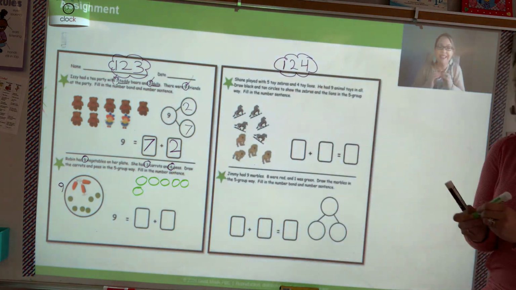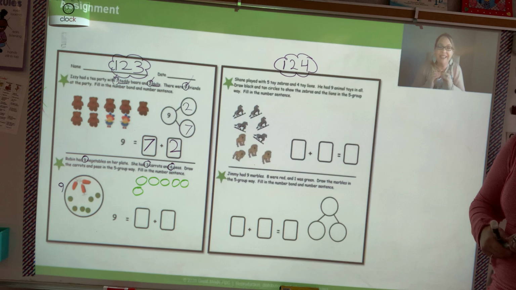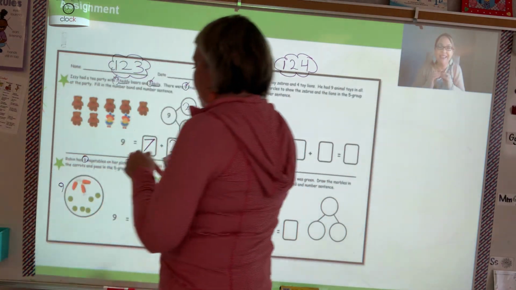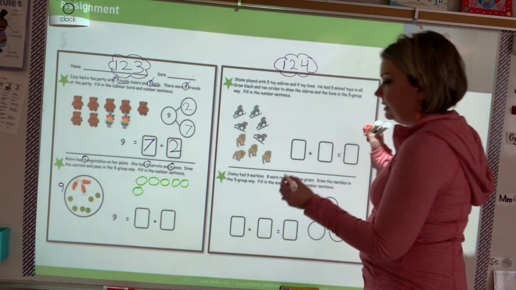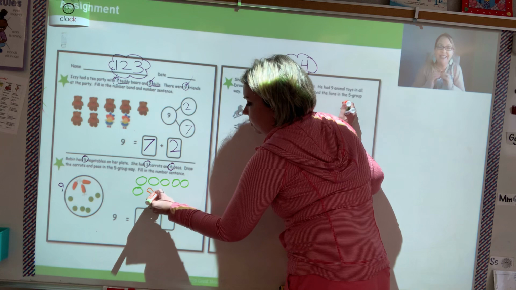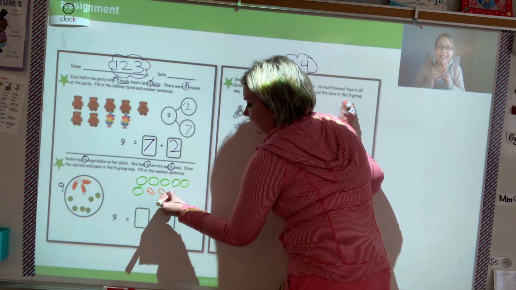Because I go down there, it's the 5-group way, right? Then it asks me to draw the 3 carrots. I might try to do these kind of like a triangle maybe. Or my carrots.